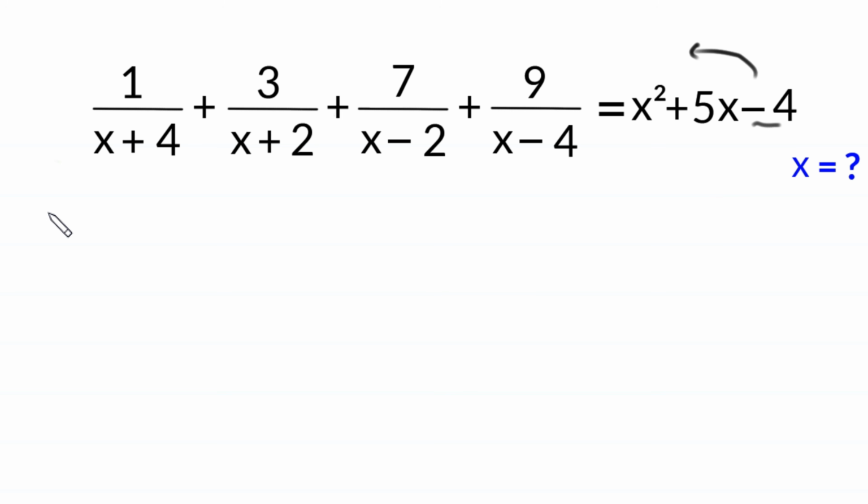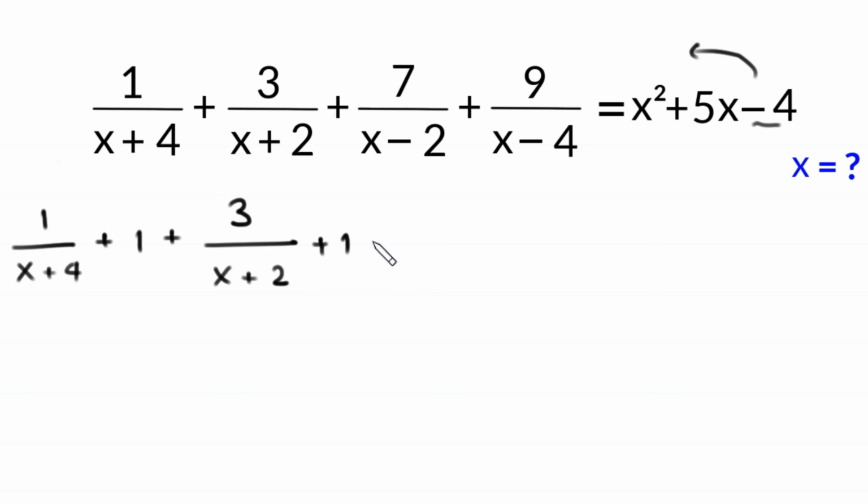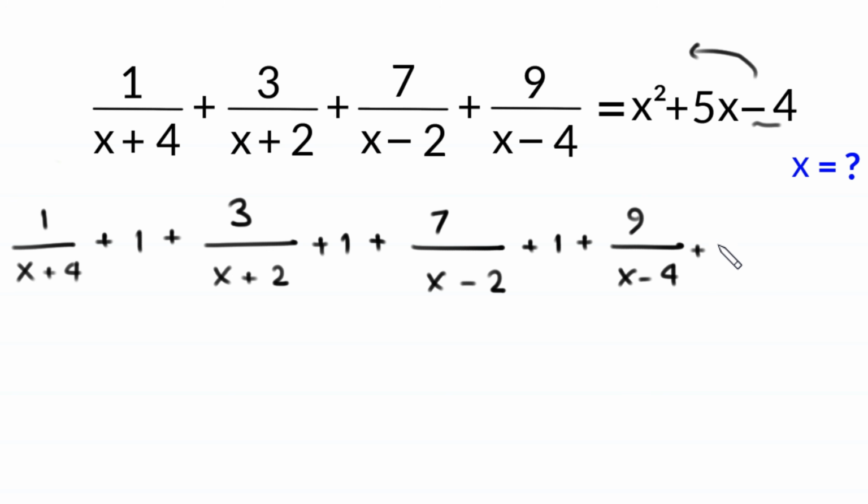So this will become 1 divided by x plus 4 plus 1, plus 3 divided by x plus 2 plus 1, plus 7 divided by x minus 2 plus 1, plus 9 divided by x minus 4 plus 1, equal to this x squared plus 5 times x.